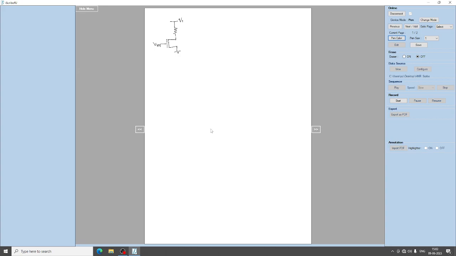So this is for V in 1, and considering another circuit for V in 2, this is grounded, this is R, this is VDD, and this is for V in 2.